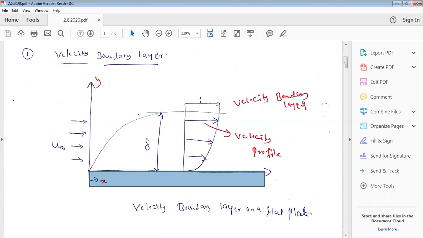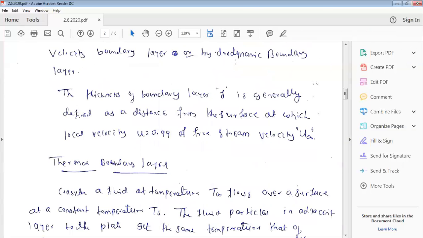That's why u is equal to 0.99, in the sense almost equal to the velocity of the free air. Understood? Defined as the distance from the surface at which local velocity u is 0.99 of free stream velocity u infinity, or you can say u f, or u naught also, they have just given a suffix infinity.